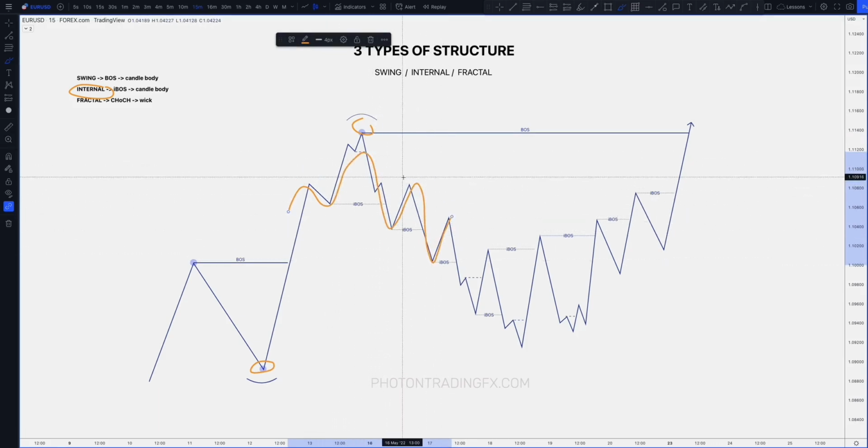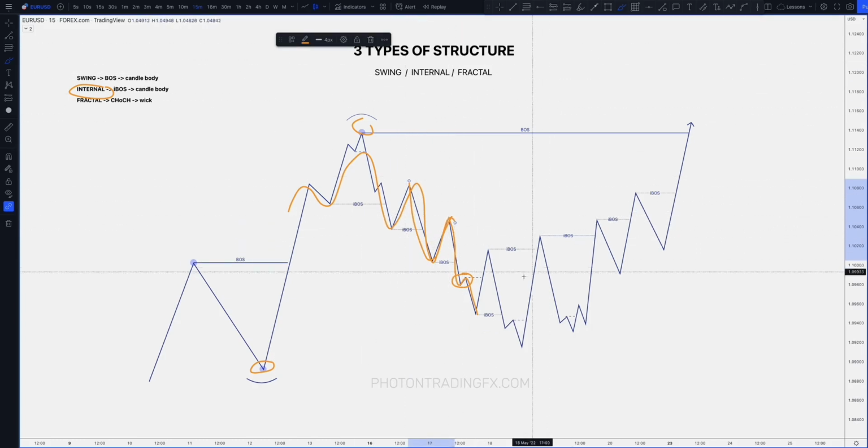They're not quite big enough to be swing structure, but we can see there are large movements in that. But then within those larger swings, as we move down, we can have those tiny little pullbacks like that. So what we're trying to do here is separate out the difference between this, what I'm circling, which we're now calling fractal structure, those very, very tiny movements, and those larger internal swings. So that's the purpose of this video.